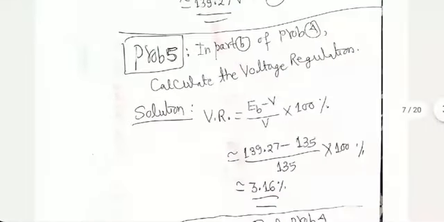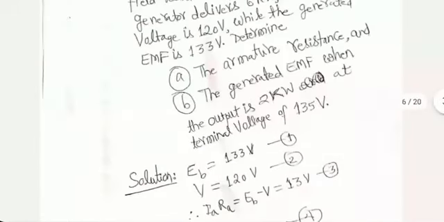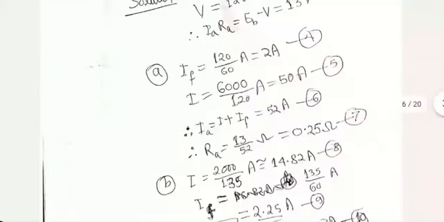Okay, next problem. In part B of previous problem, calculate the voltage regulation. That's very easy. In part B, back EMF has been calculated by us as 139.27 volt.